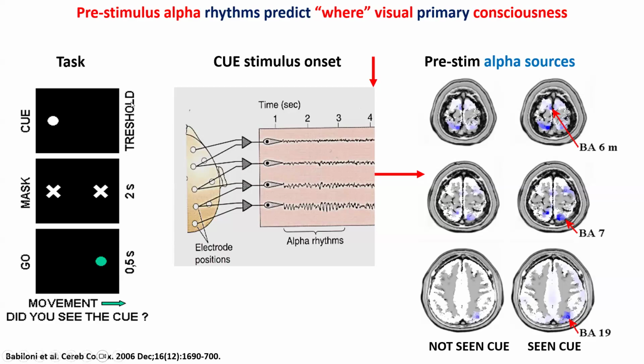The sensory threshold was established in a preliminary phase of the experiment. After the presentation of the visual stimulus in the left or right side of the screen, there was a masked visual stimulus.